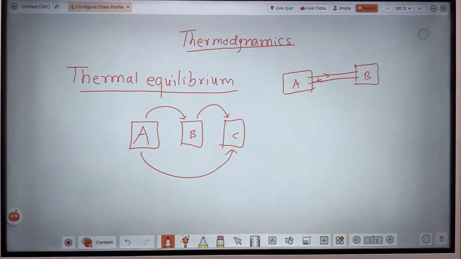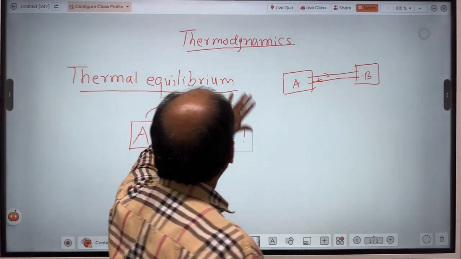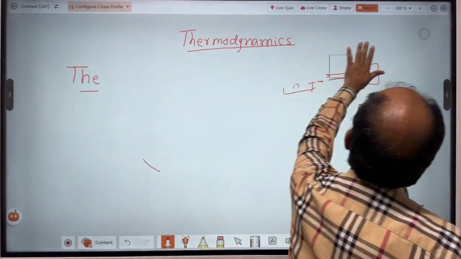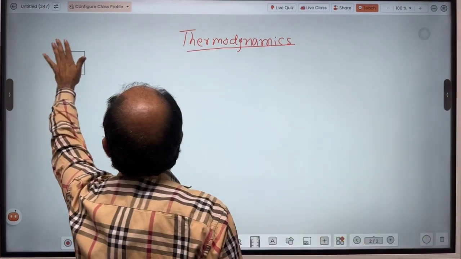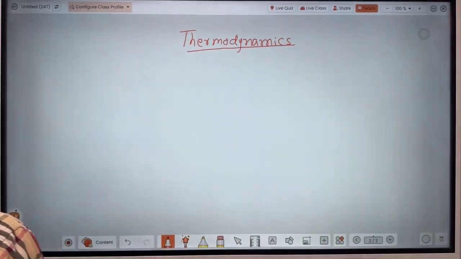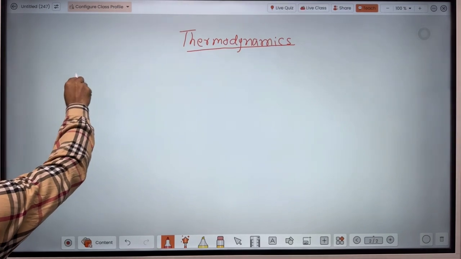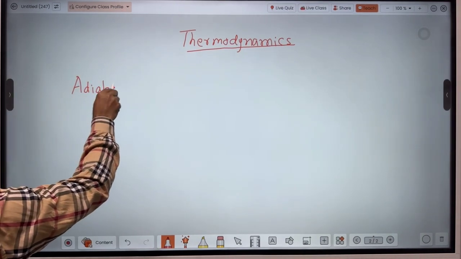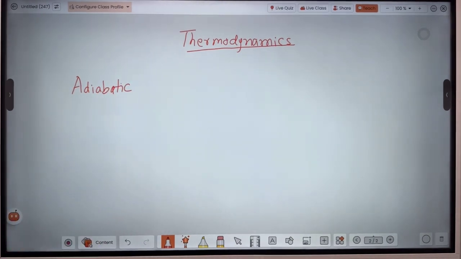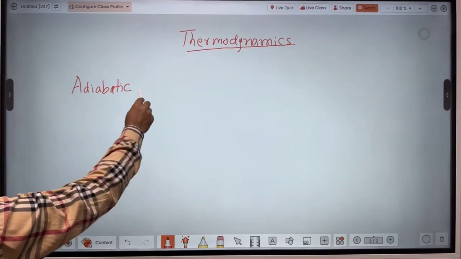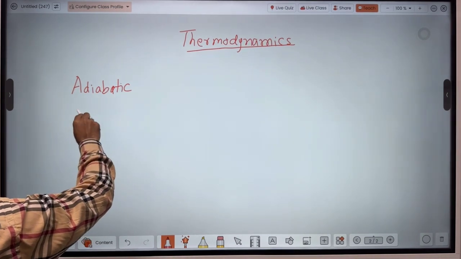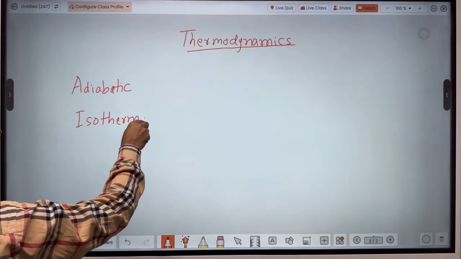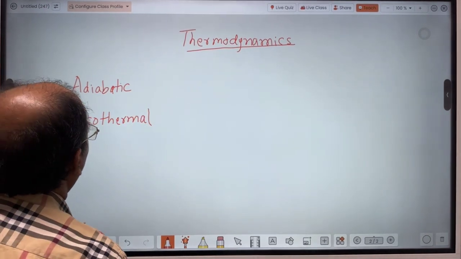Right. Now, with the help of knowledge so gained, we can study other related facts. So here two types of processes we will see. One is adiabatic, in which there is no heat exchange, and there will be another process that is isothermal, in which heat exchange is possible.